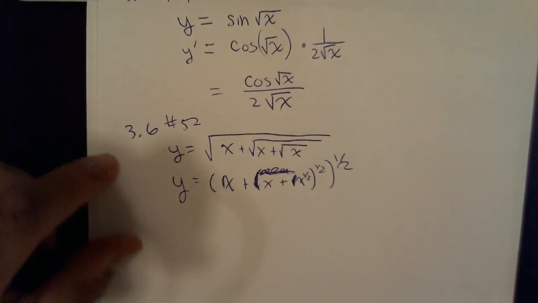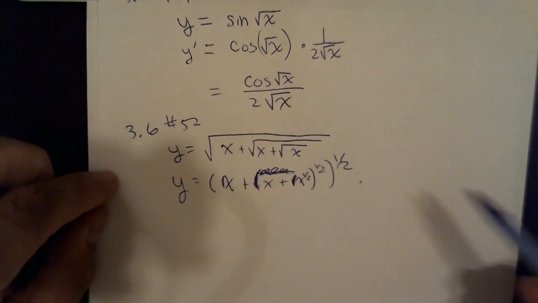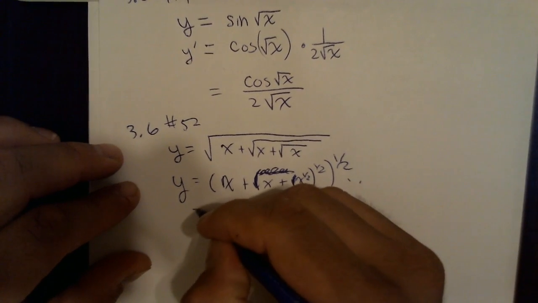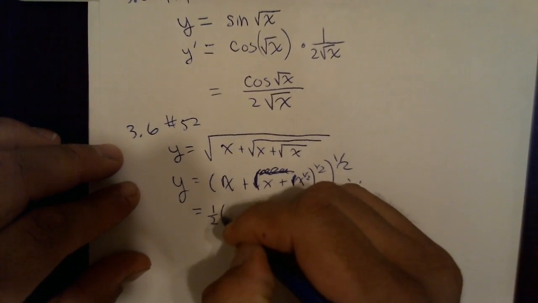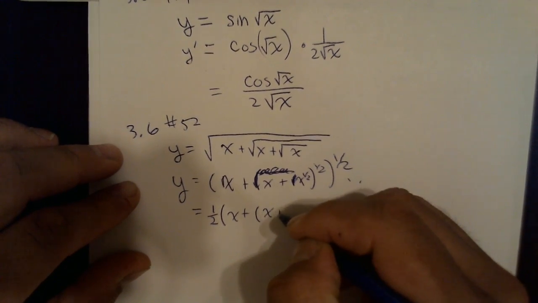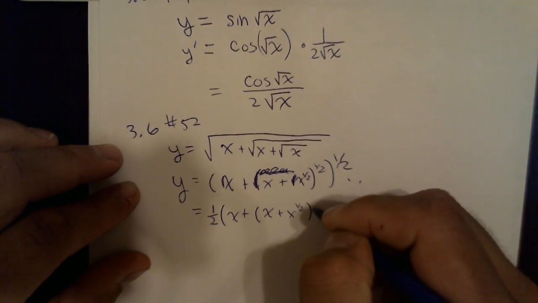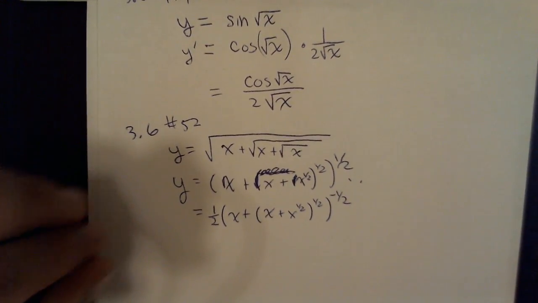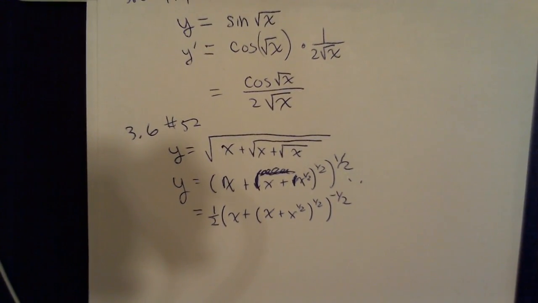Now I'm going to start with this outer layer here, using the power rule. 1/2, leave the inside alone, and drop this down by 1, so that gives me a negative 1/2.